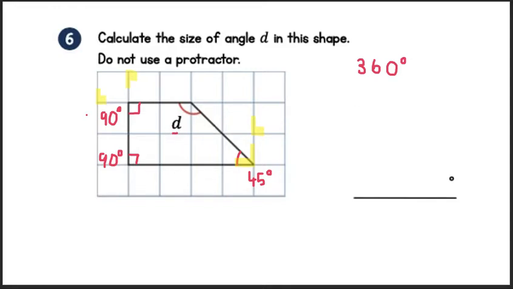So 90 and 90 is 180. I can do that in my head quite easily. Also because I know that two right angles equal a straight line. Add 45 degrees.